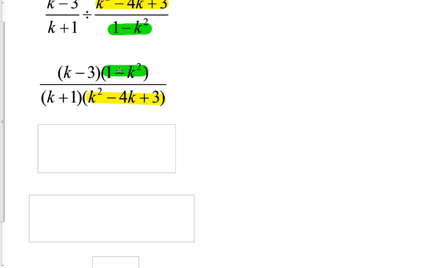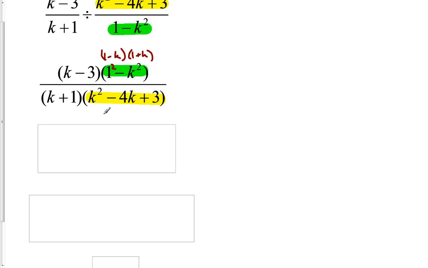So we have a couple things. Both of the highlighted terms are factorable. So let's go ahead and do that. A 1 minus k squared, or you might recognize that as 1 squared minus k squared, is a difference of squares. So let's factor that as 1 minus k and 1 plus k. So we get 1 minus k, 1 plus k.